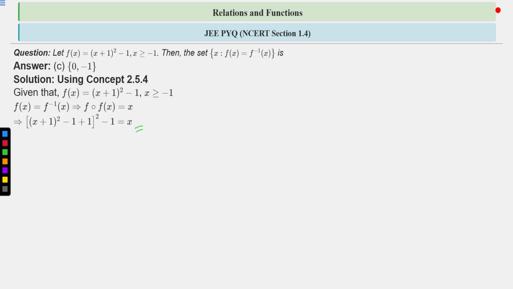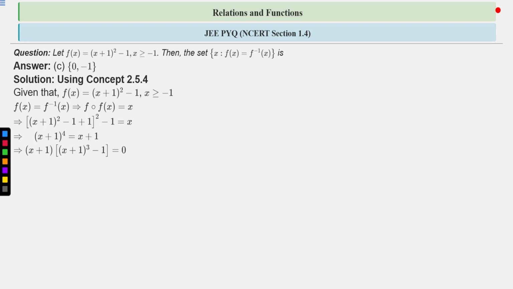So let us find out. The +1 and −1 will cancel out, and the left hand side will become (x+1)⁴, and this −1 will go to the other side. So we are left with (x+1)⁴ = x + 1.